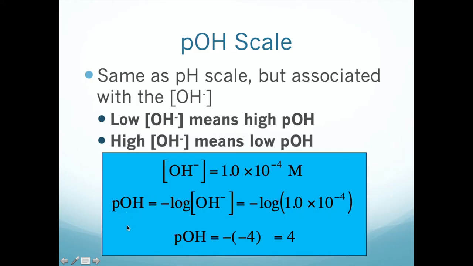I point this out because a lot of students make a silly mistake where if you're given H plus and you take the negative log of that, you get the pH, not the pOH. Likewise, if you're given OH minus and you take the negative log of that, you get pOH and not pH. And sometimes, to trick you, a question will give you one and ask for the other, so you've got to do that conversion in the middle. Again, I'm going to show you a shortcut for this in a second.